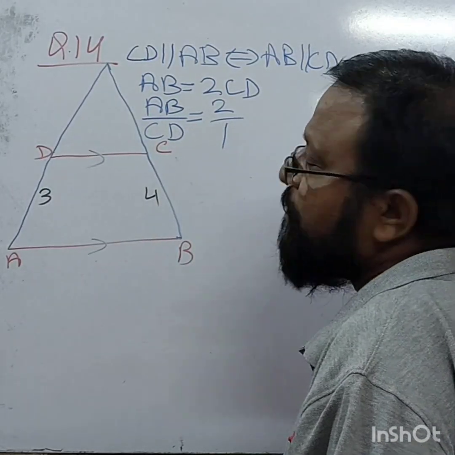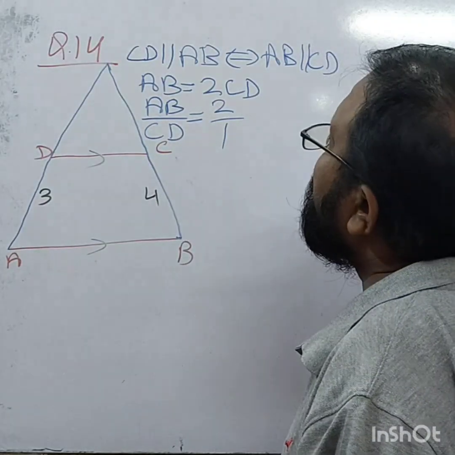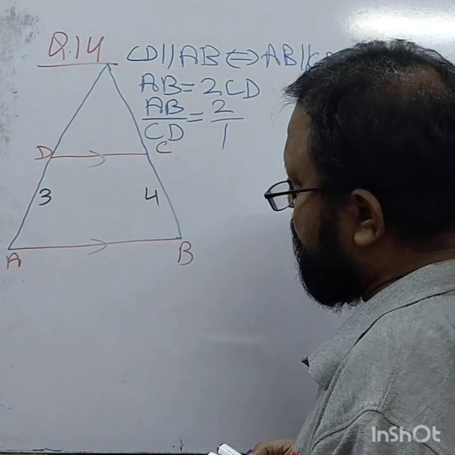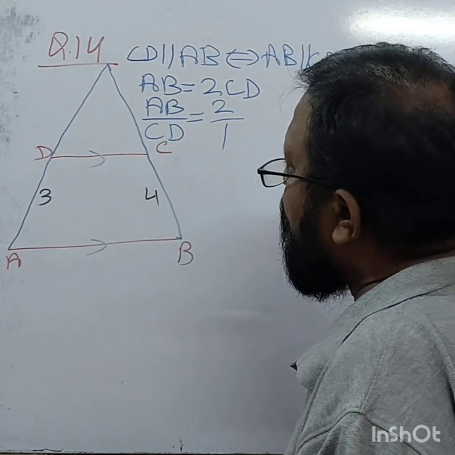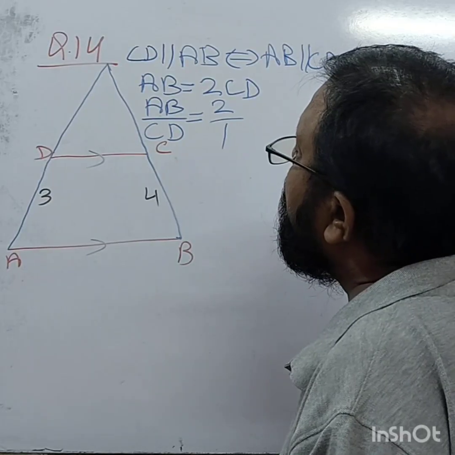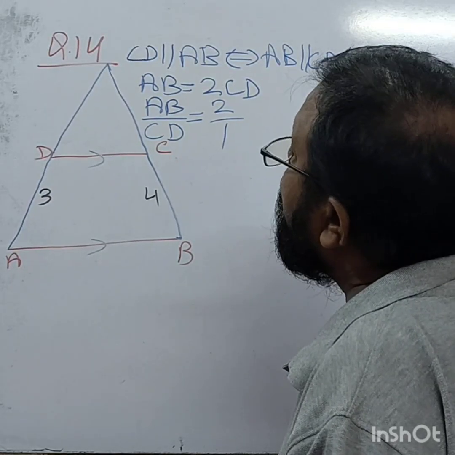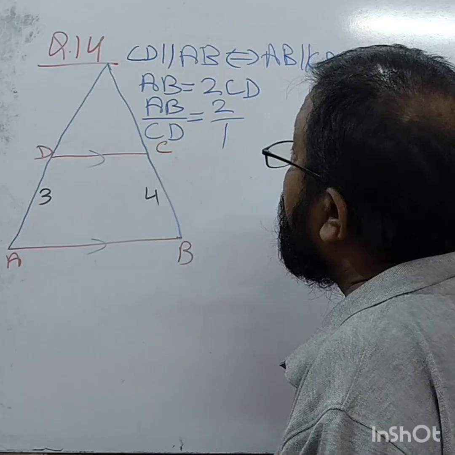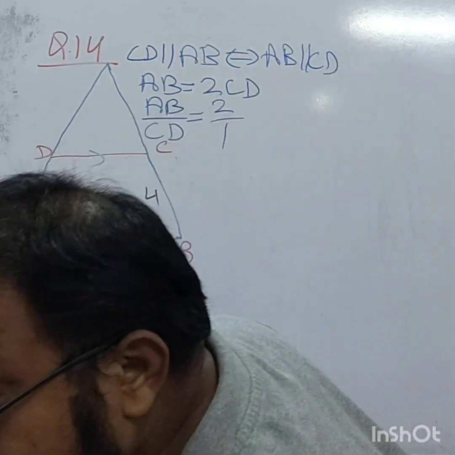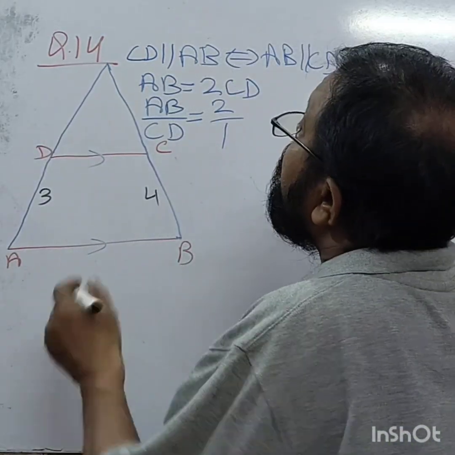This is the ratio between. Find AB upon CD. AB upon CD is this, and this is AE.